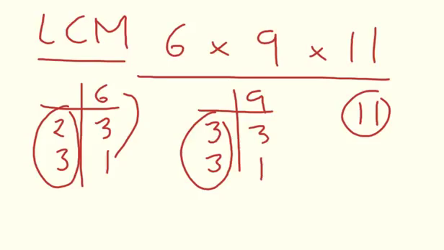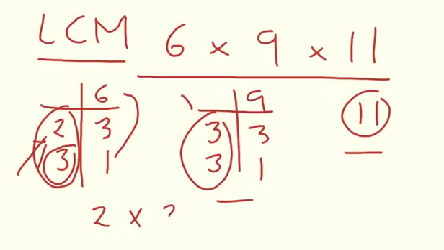So we look at the first one. There's a 2 here. Is there a 2 on the other side? No. Is there a 2 on this side? No. So we put 2 here. We look at 3. How many 3s are here? There's 1 lot of 3. There's 2 lots of 3 here. And there's no 3s here. So you take the largest out of the 3 columns.